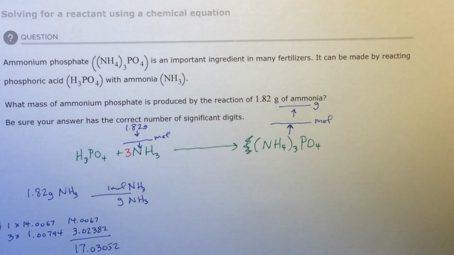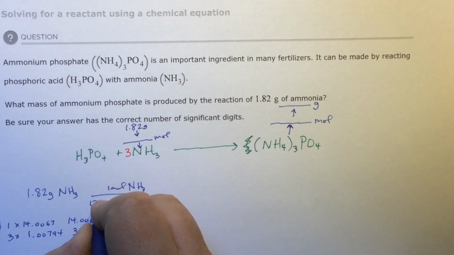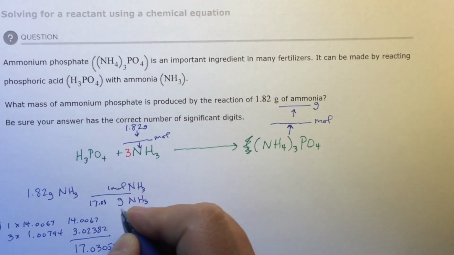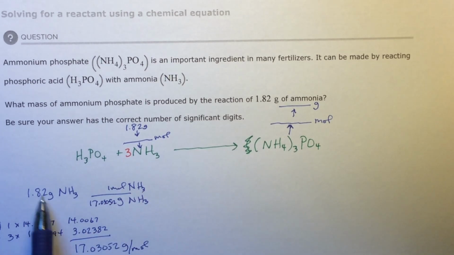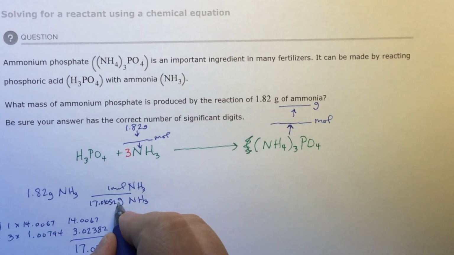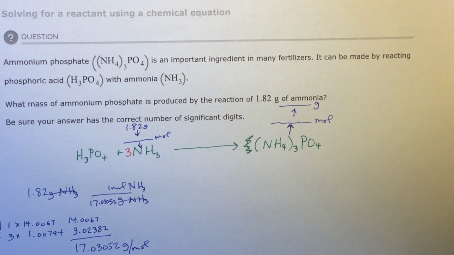Okay, that's telling me that for every mole, there's 17.03 grams of ammonia in a mole. So I'm going to put that number here, 17.03052. When I divide by this number, my grams of ammonia goes away, and I'll end up with moles.